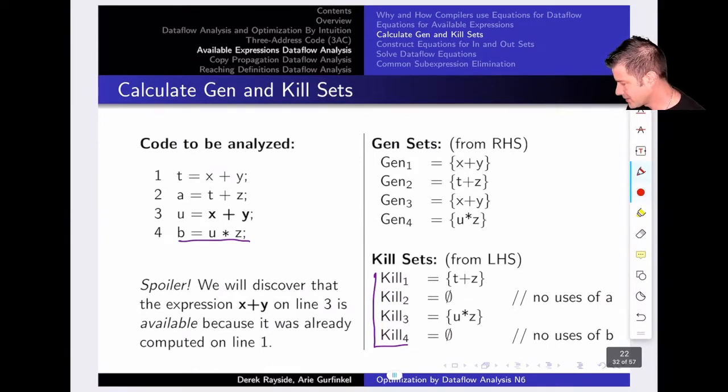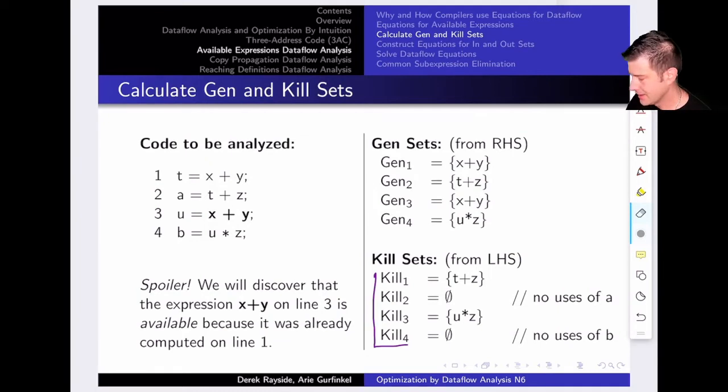So in order to build our equations, we need to know what is the gen and kill sets for every statement. Now, this is the part that does depend on the particular analysis. That's going to be different for each analysis. Here we're doing available expressions. So what is generated by the statement? Well, because we're in 3-address code, each statement generates one expression and kills any expression that contains the variable that is being assigned.